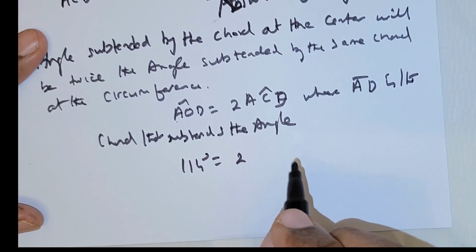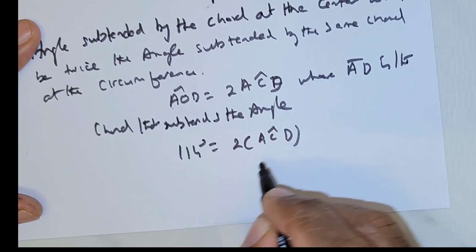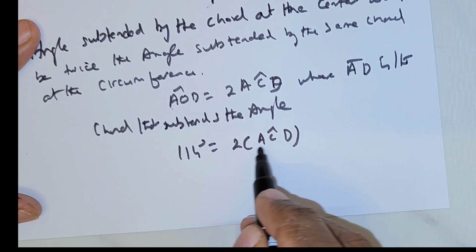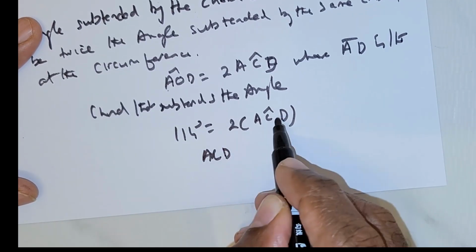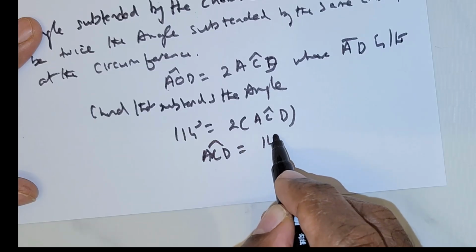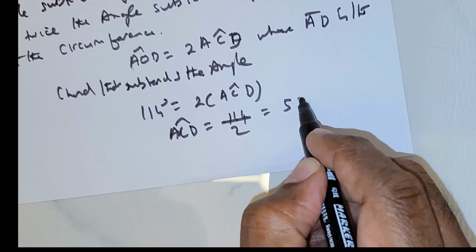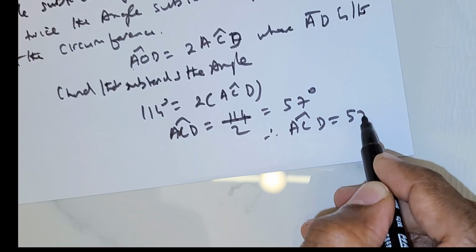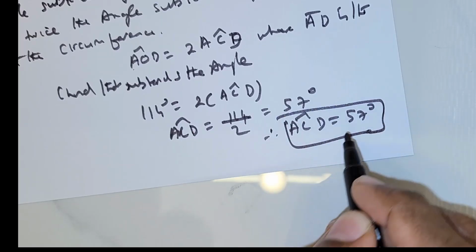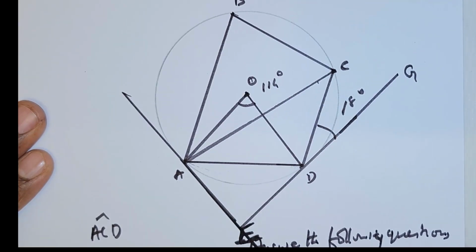This is equal to twice the angle subtended at the circumference. So we can rewrite ACD as 114 divided by 2, which will give us 57 degrees. So therefore ACD is 57 degrees. Okay, that's the solution for this question.